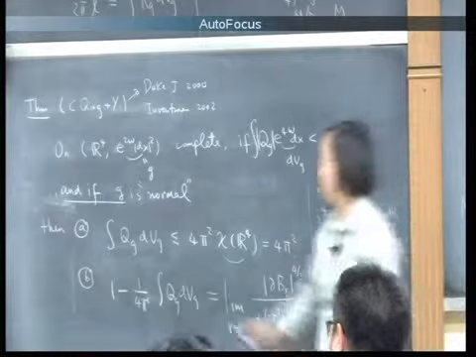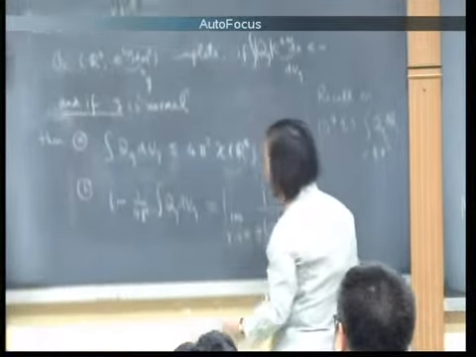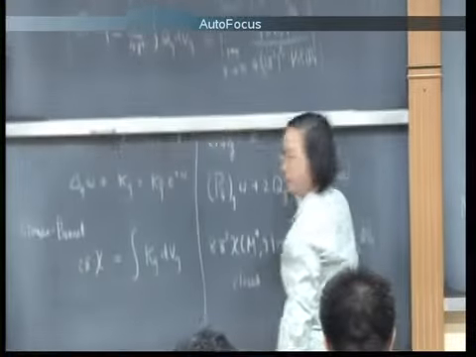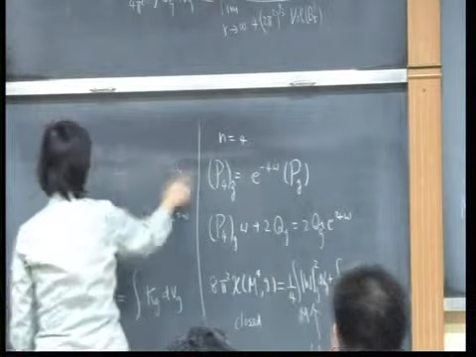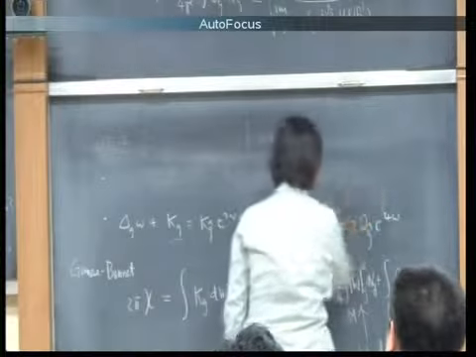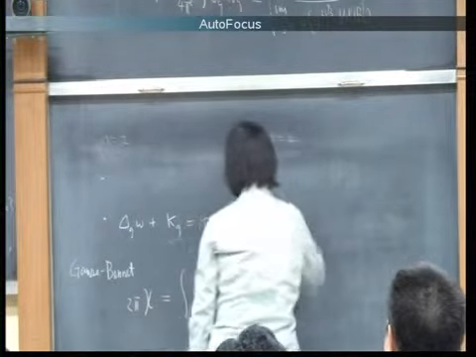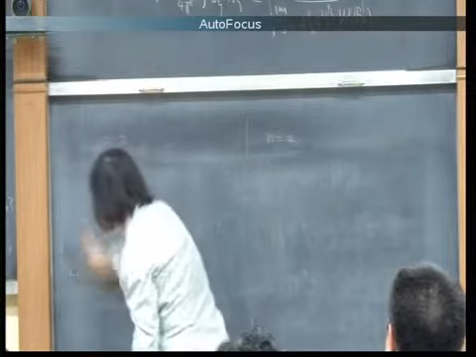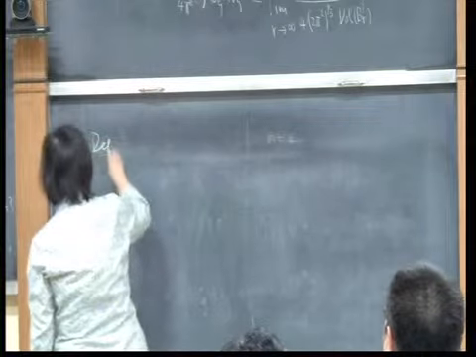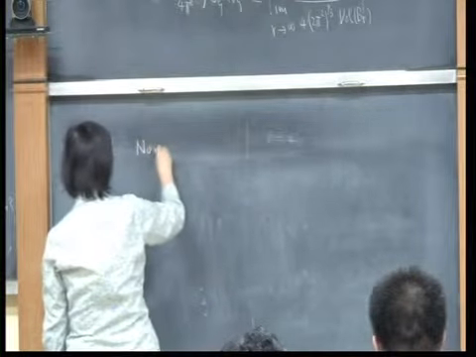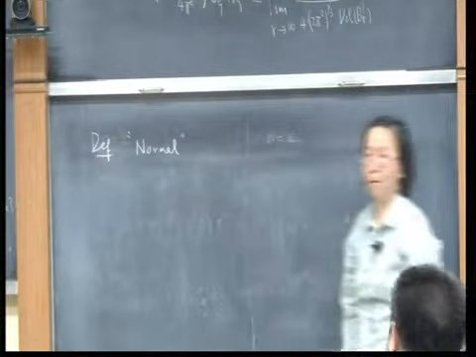Okay. And now we also add a condition that g is normal. So now let me say what normal means. Our definition of normal means the following thing.